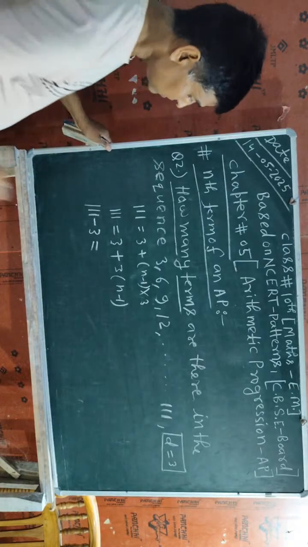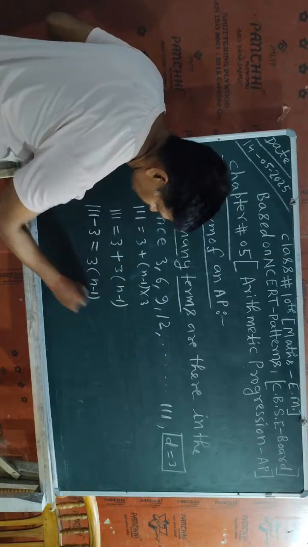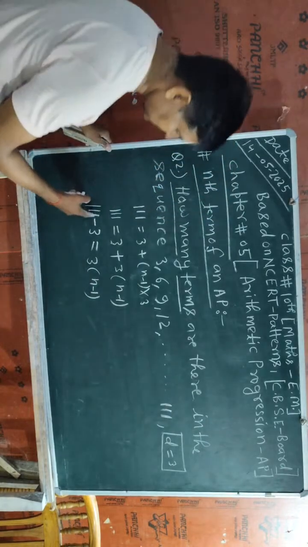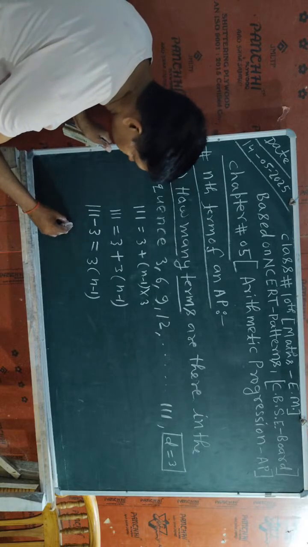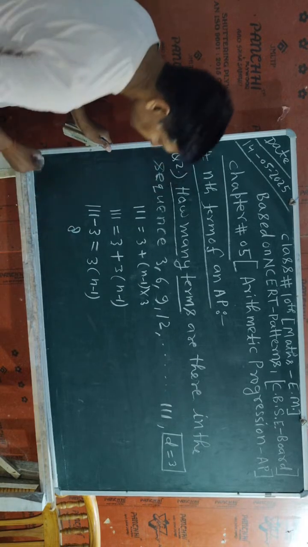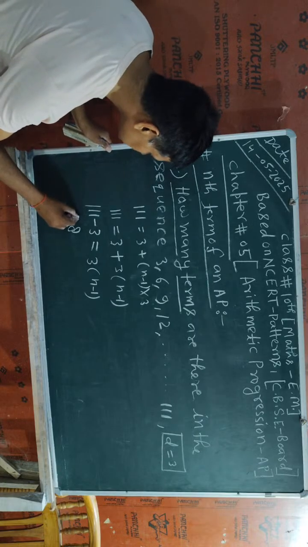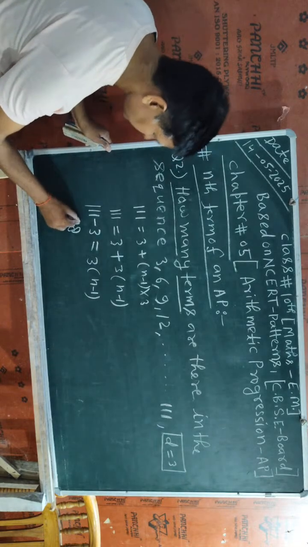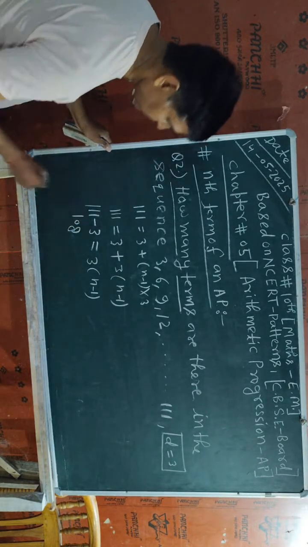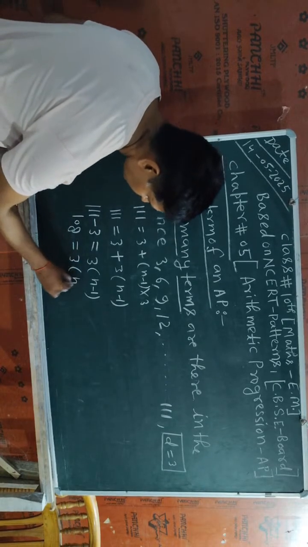Okay, student, now further I am going to write 3 in the bracket n minus 1. So I will substitute here. So 101 minus 3, that will be 98, and here will be 3 into n minus 1.